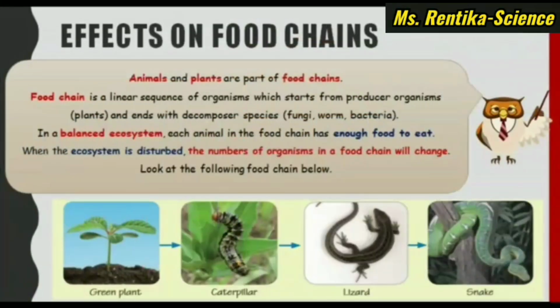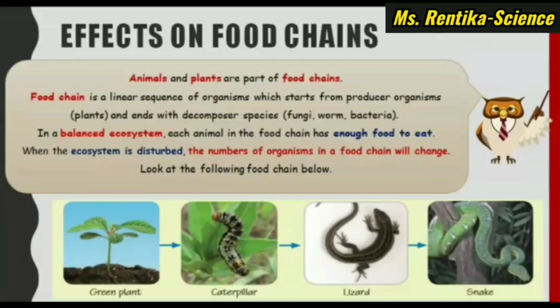So, the natural forces and the human activities can disturb the ecosystem by affecting the food chain. What is the food chain? A food chain is a linear sequence of organisms which starts from producer organisms or plants and ends with decomposer species such as fungi, worms, and bacteria.